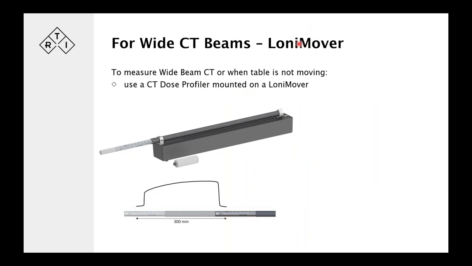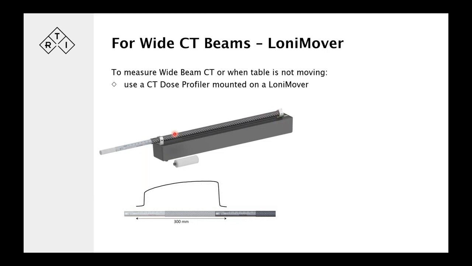For wider CT beams, when the couch, or the table, is not moving, we then need to poke the detector through the beam. If the table isn't moving, we can use another device, the Lonnie mover, which is a moving device with a high precision servo motor with up to 300 millimeters per second speed.